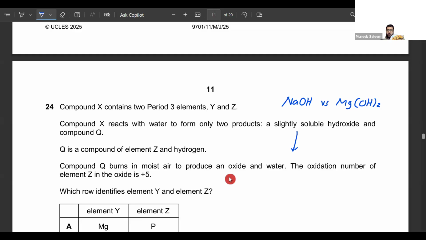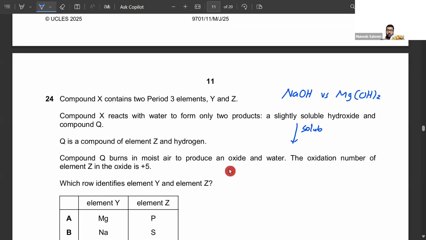So we could say solubility decreases. That means, my mistake, solubility increases, not decreases, rather it increases. While moving down the group, solubility increases.